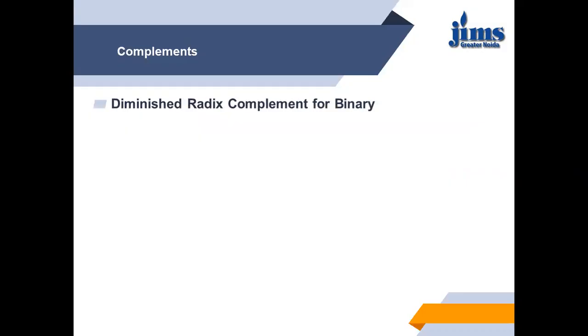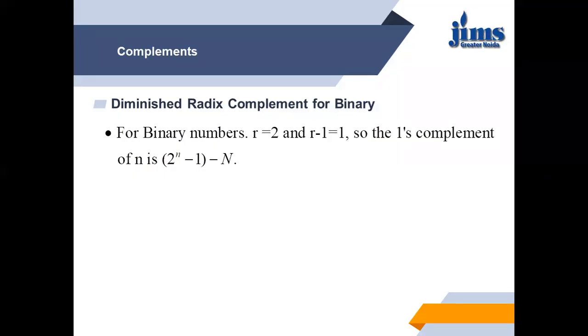In the same manner, we'll discuss the diminished radix complement of a binary number. In the binary number system, the base is 2. So for a binary number, r, that is the base, is equal to 2, then r minus 1 is equal to 1. So we can say that the ones complement is the diminished complement of a binary number.